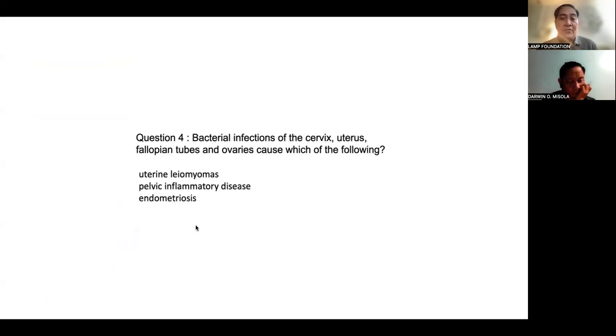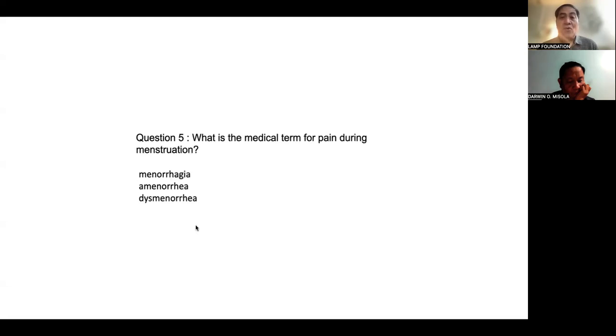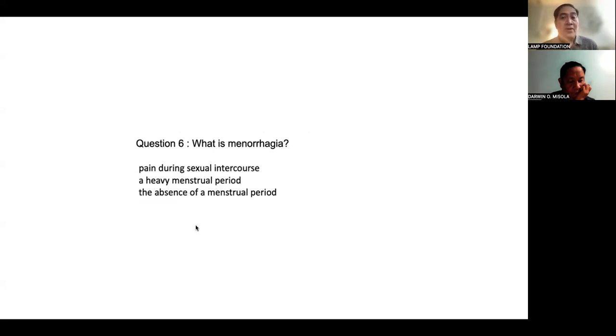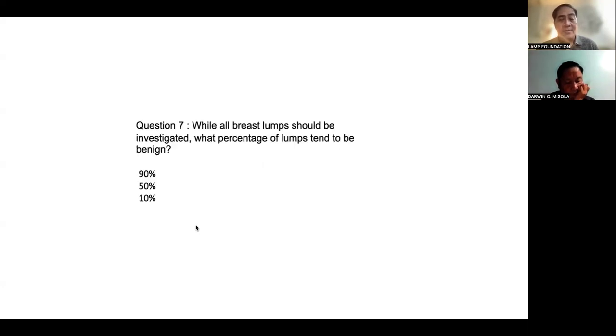Bacterial infections of the cervix, uterus, fallopian tubes, and ovaries cause pelvic inflammatory disease. What is the medical term for pain during menstruation? Dysmenorrhea. What is menorrhagia? A heavy menstrual period.